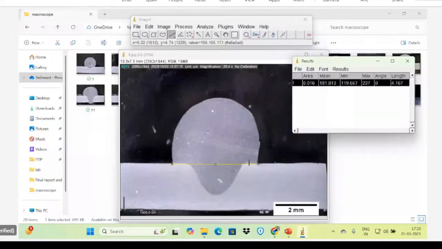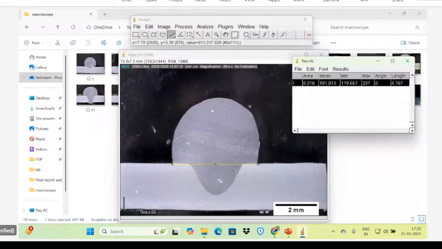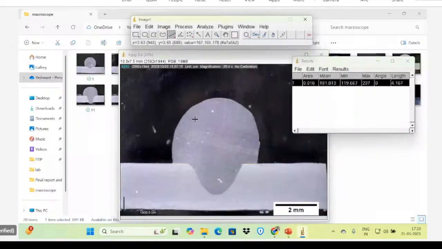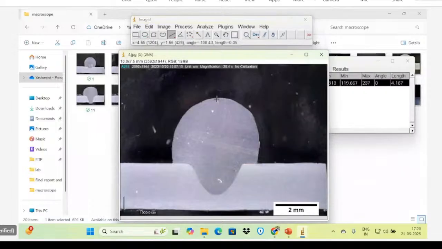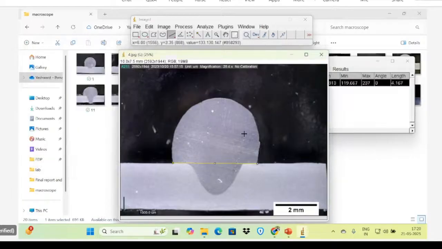Then again we have to measure the penetration, the reinforcement height. With Control B, the line is being stabilized.